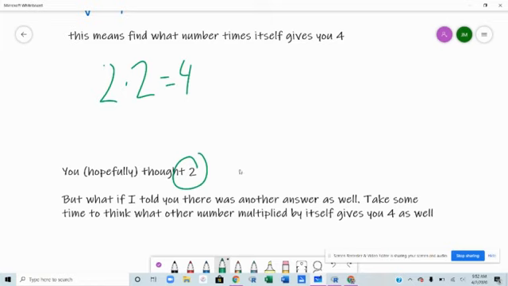But what if I told you there was another answer also? There was a second answer. There's some other number times itself that gives you 4, besides 2 times 2 equaling 4. So I want you to take some time to think about what other number multiplied by itself also gives you positive 4. Once again, pause the video, go to Desmos, try some things out with a calculator, and then come back.